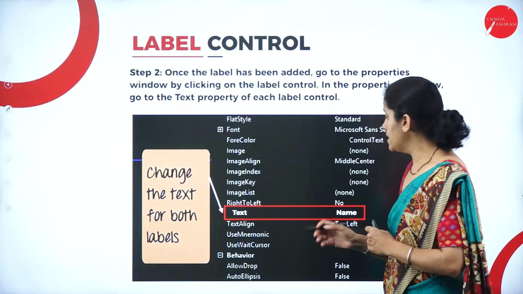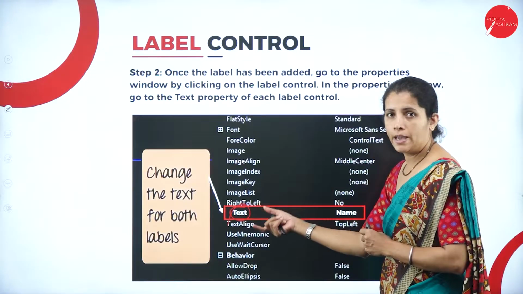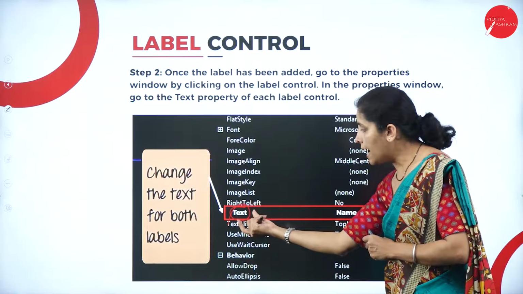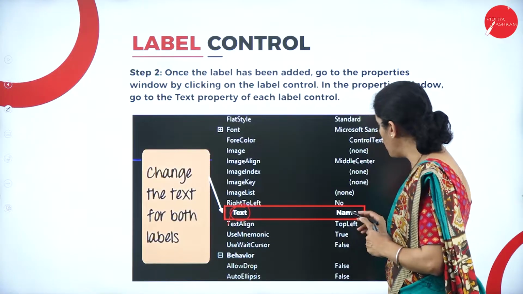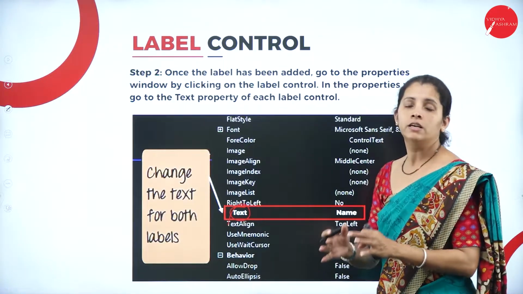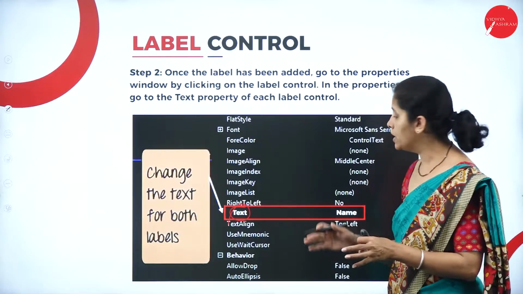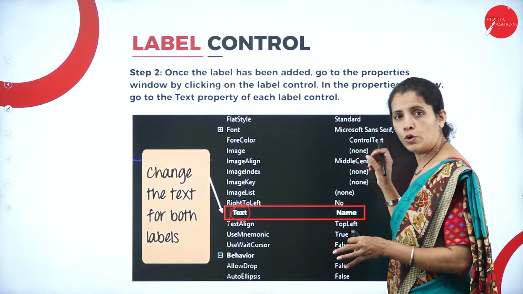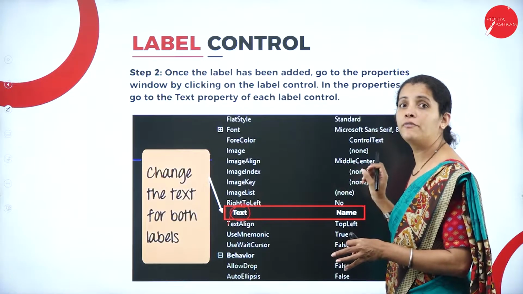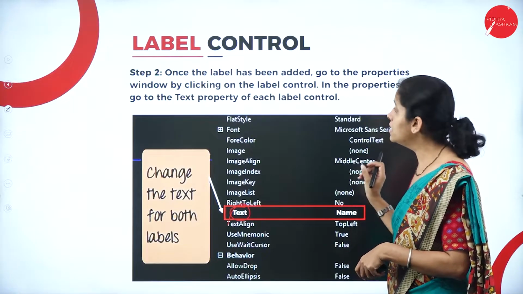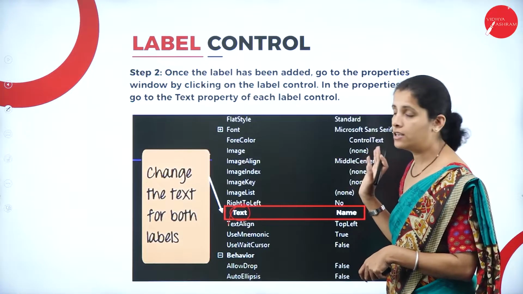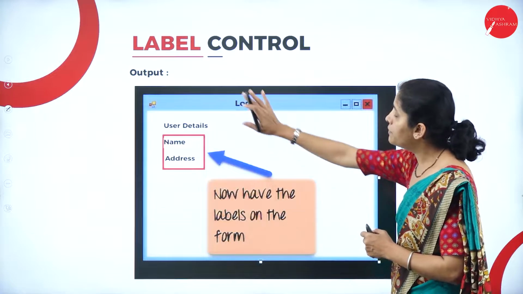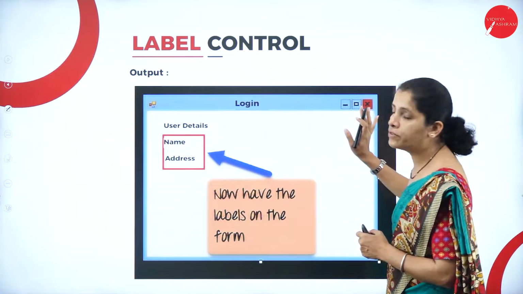Now, if I consider the label, in that I have the text, and I want to change that default text into name, because I'm going to use one label for the field name and another label for address. Fine. After that, this is the output of the form.